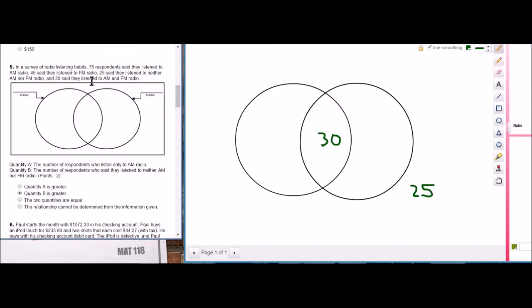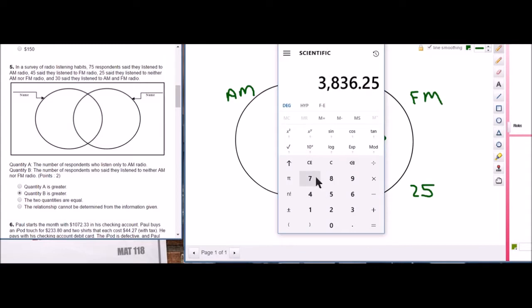And let's take a look. So we have those two parts. And now 45 say they listen to FM. So let's label. We have FM, AM. Now 45 say they listen to FM, so that leaves us with 15 here. And then we have 75 that say they listen to AM. So 75 is the whole circle. So 75 minus 30, we have 45.